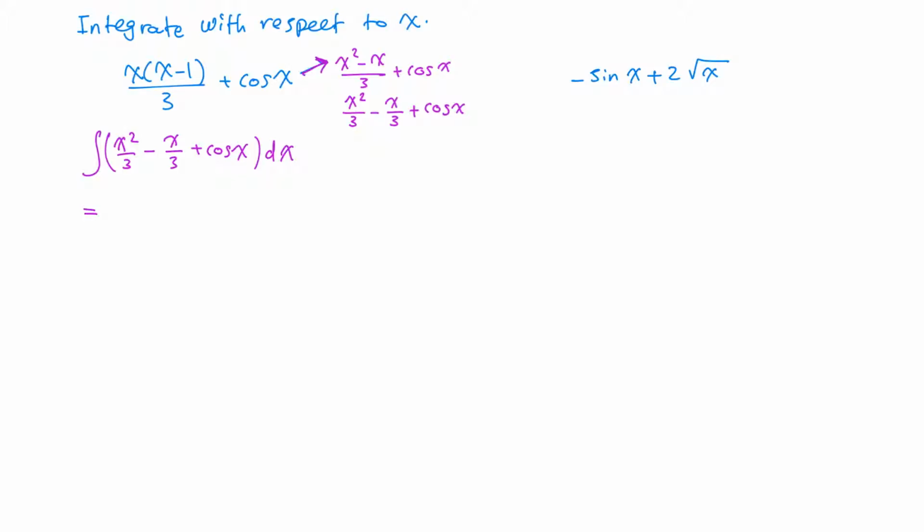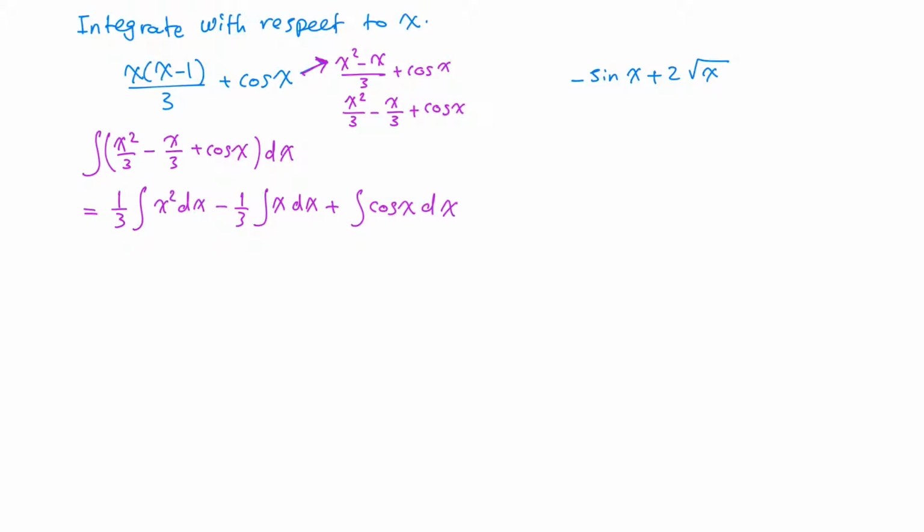So I will get equals to 1 over 3 integral of x squared dx minus 1 over 3 integral of x dx plus integral of cos x dx. And note that I took all of the constants out of my integral sign so that my integrating later becomes a little bit easier.